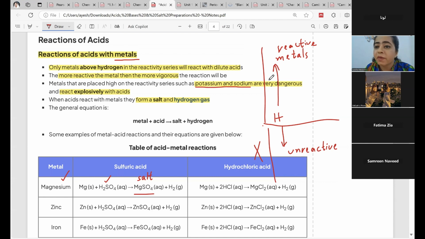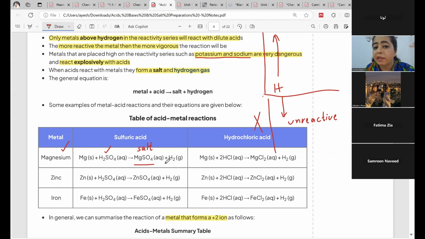Okay, fine. But if they ask you in the exam, why only the metals above hydrogen are reacting with the acid, not below hydrogen? Luna just told you half of the answer for this, and that is basically the displacement rule. Magnesium is more reactive, so only if the metal is more reactive can it come and replace this hydrogen from here.